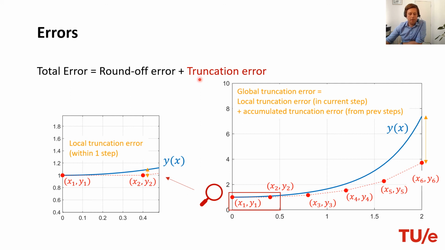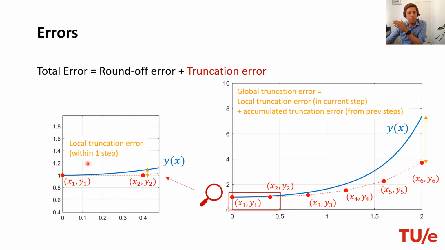And it is important to note that because of the iterative, stepwise, sequential nature of these numerical methods for ordinary differential equations, these errors start accumulating. So here on the left-hand side, we see that whenever we take one step of such a method, we will make an error because this red dot is not exactly on the blue curve over here. And this is what we call a local truncation error.